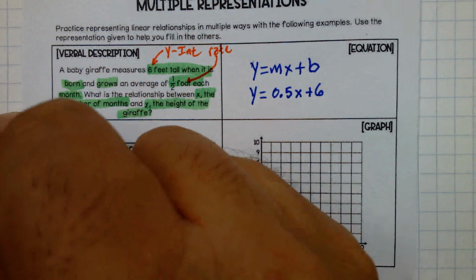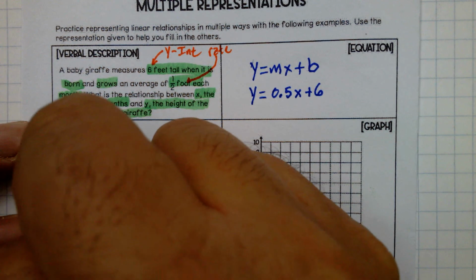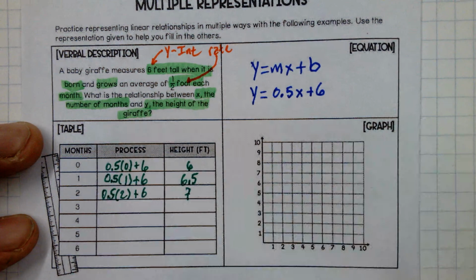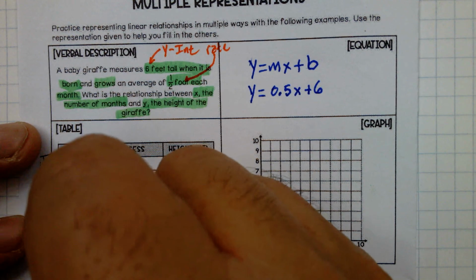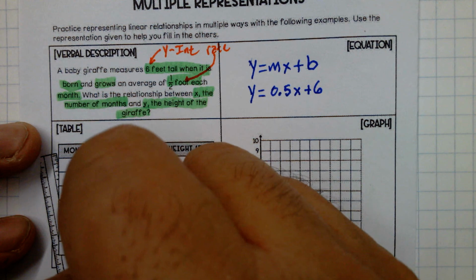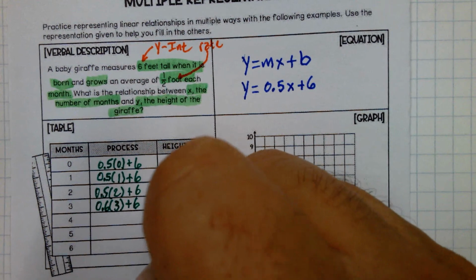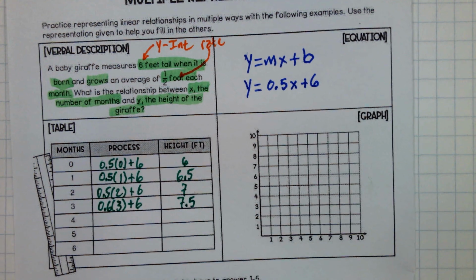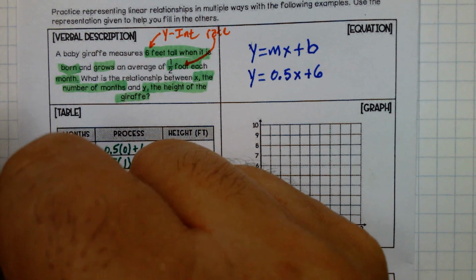And let's just continue doing it to fill in the table. That would be 7. Okay, and that would be 7.5. Wow, that grows a lot.